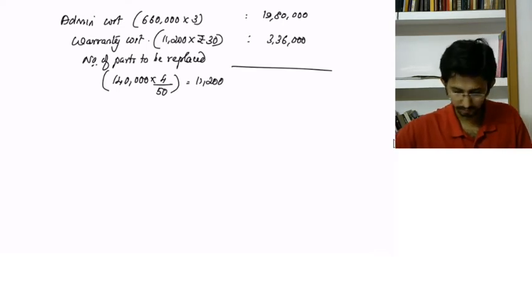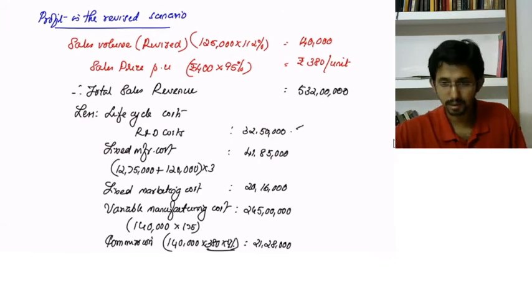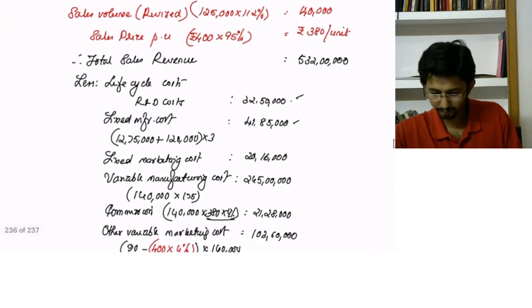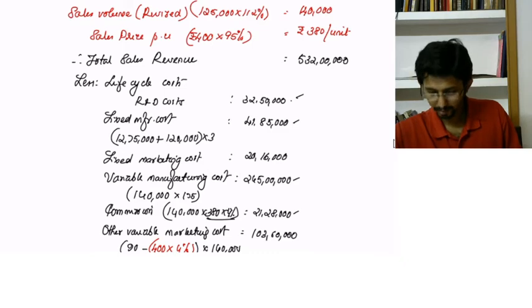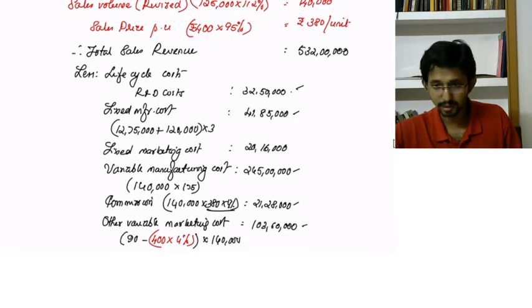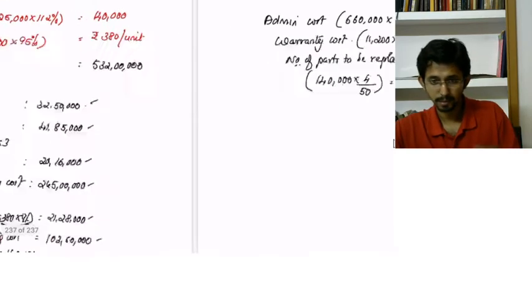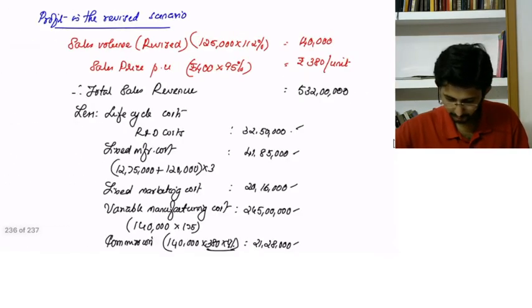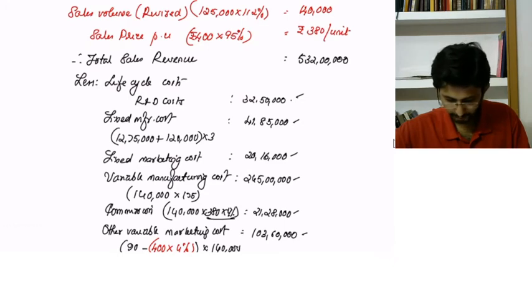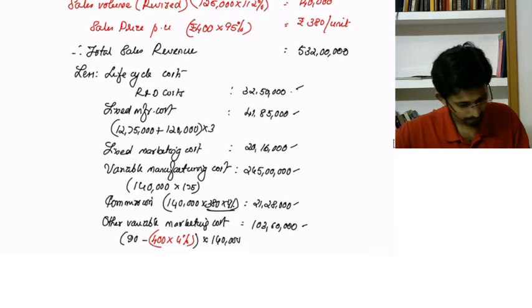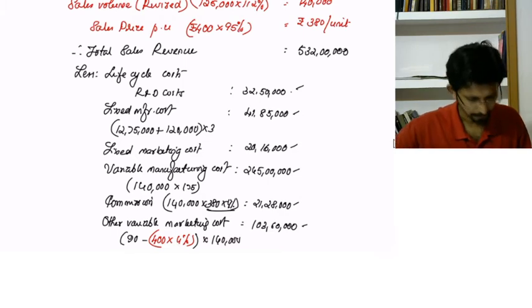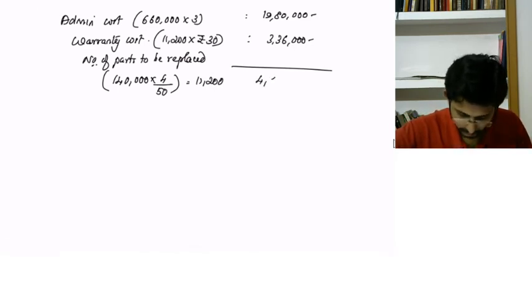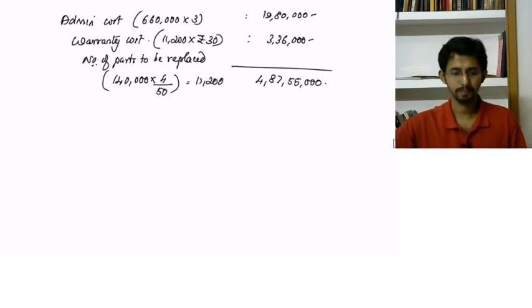Did I make any mistakes? So the total will be 487 lakh 55,000.